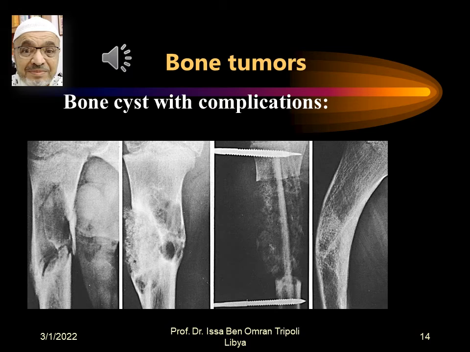And on the right side we see the surgical treatment, means the excision of the bone, correction with this external fixator on the distal and proximal part of the bone, in this case the femur of the child, and the excision of the tumor.